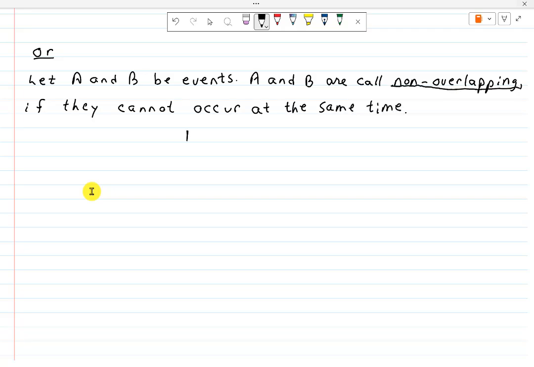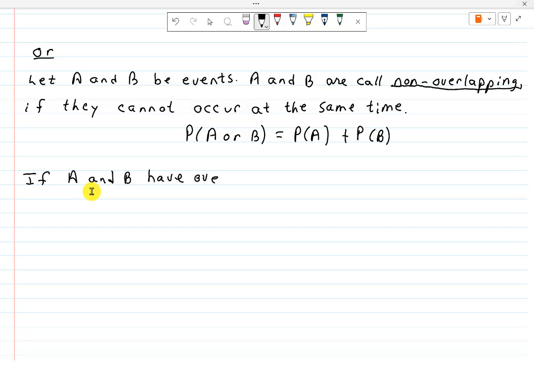So in this case, if I look at A or B, that equals the probability of A plus the probability of B. However, if A and B have overlap, that means some of the events in A and some of the events in B are equal to each other.